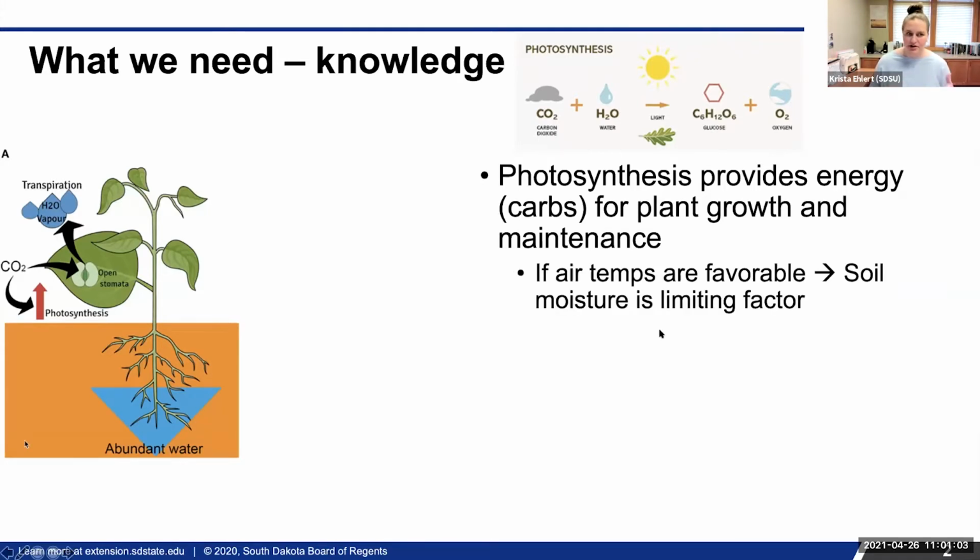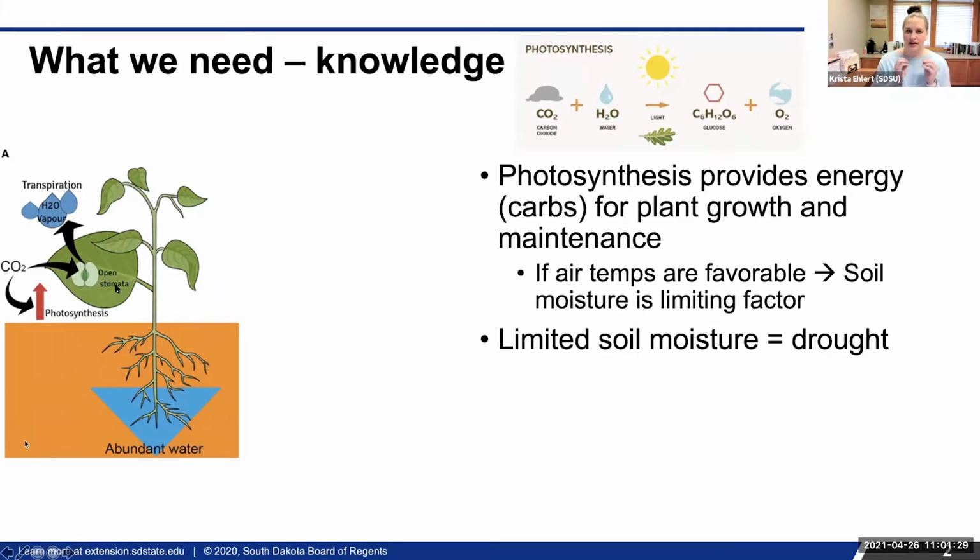And if air temperatures are favorable for photosynthesis, then our limiting factor for photosynthesis to occur is soil moisture. However, if we have limited soil moisture, as is the case for much of South Dakota currently, then we have a situation of drought. You can see on the left-hand side here, this diagram is showing this plant has open stomata.